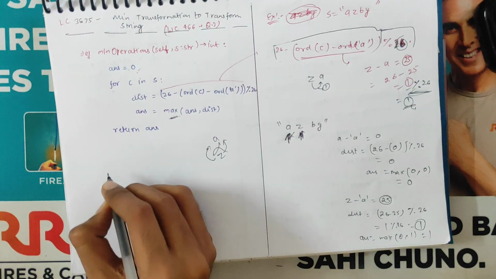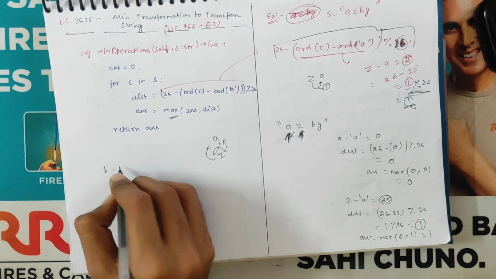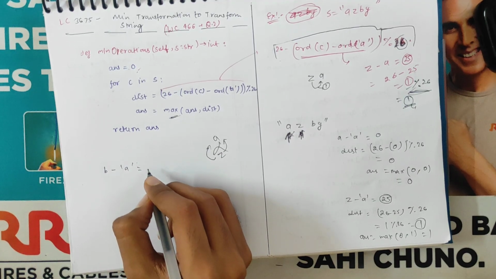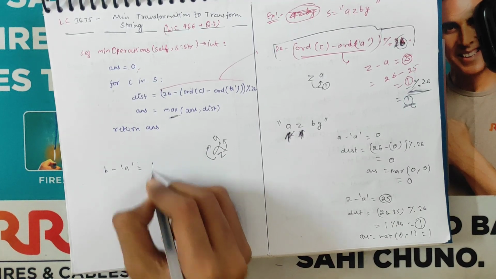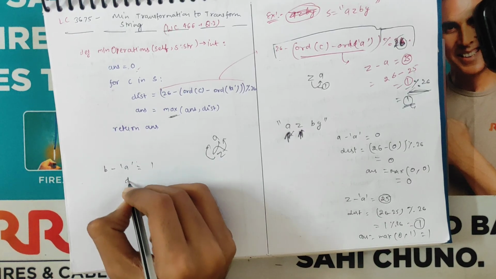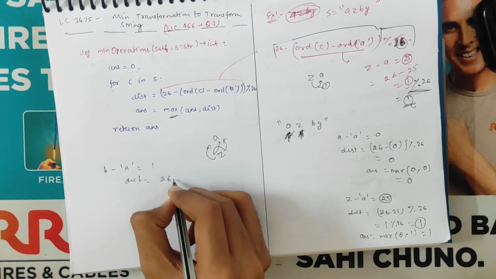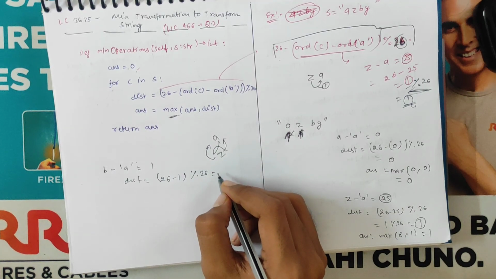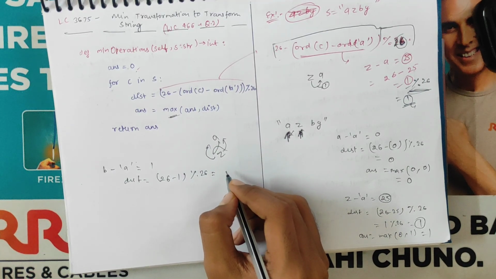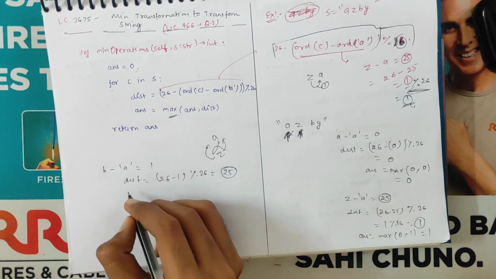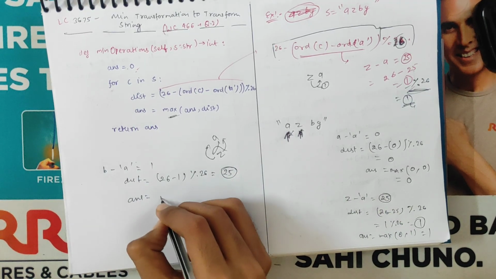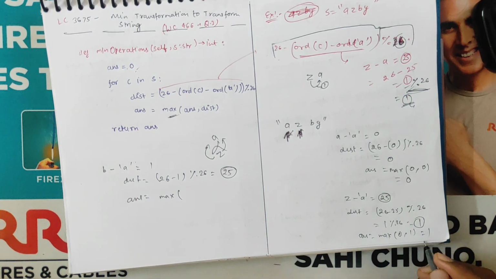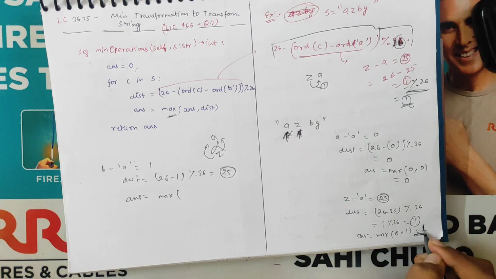Now we move to b. b minus a is 1. So distance is 26 minus 1, modulo 26, which is 25 modulo 26, which is 25. In the previous case we updated the answer value to 1.